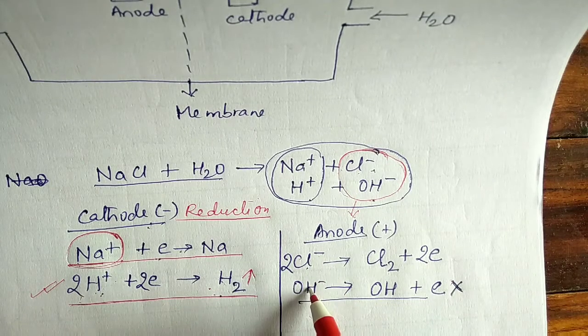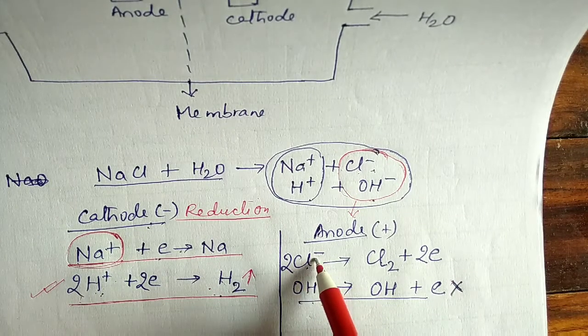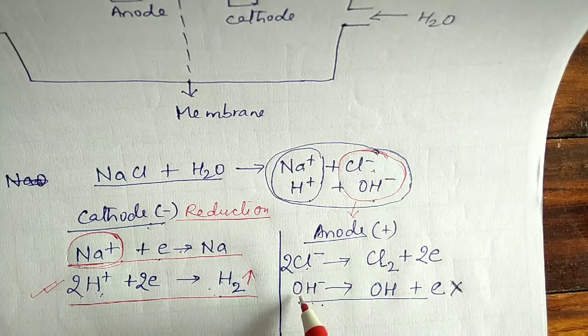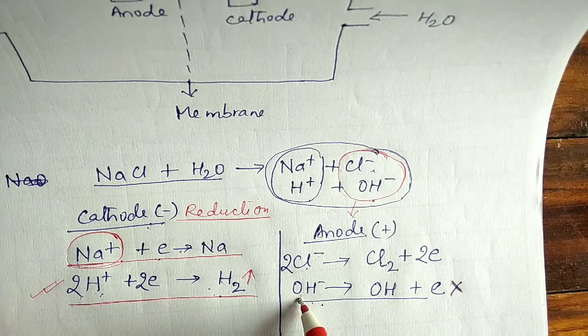Now the question must be coming to your mind: why is the winner chloride ion, why not hydroxide ion? The reason is that oxygen is a very electronegative element, and removing an electron from oxygen is not easy. What are electronegative elements? Those elements which have the tendency to pull the electron pair towards themselves are known as electronegative elements, and because of this property, removing an electron from oxygen requires large voltage.